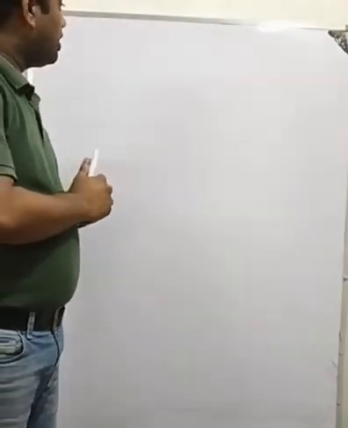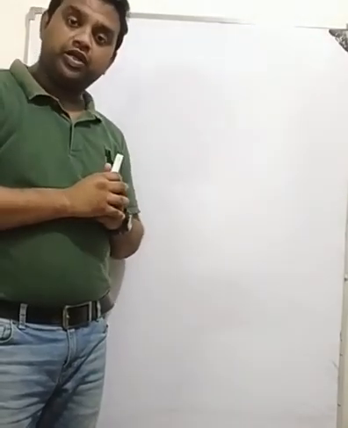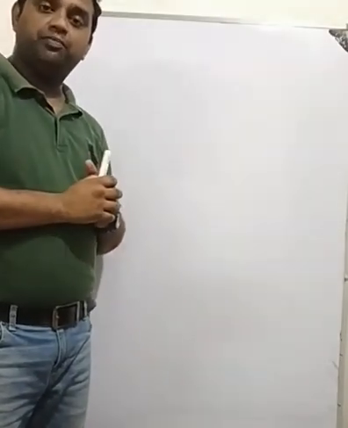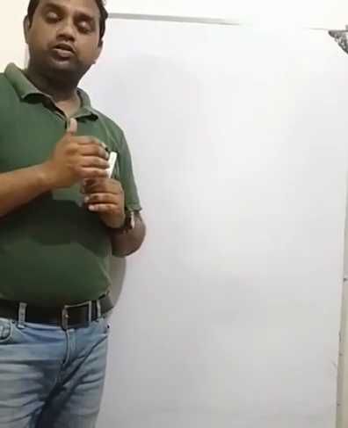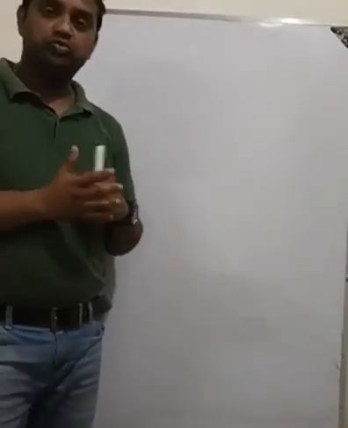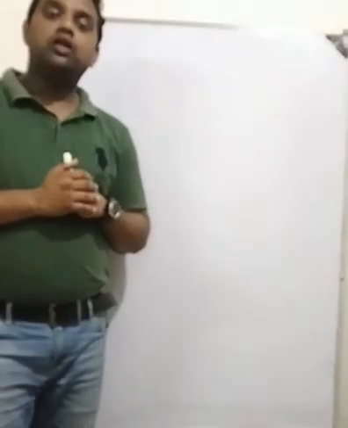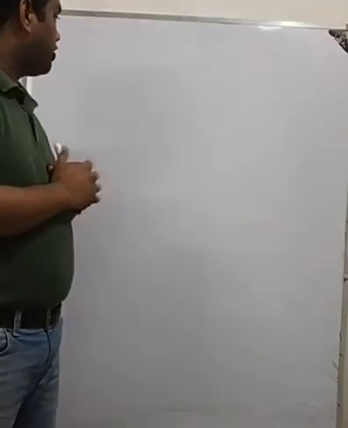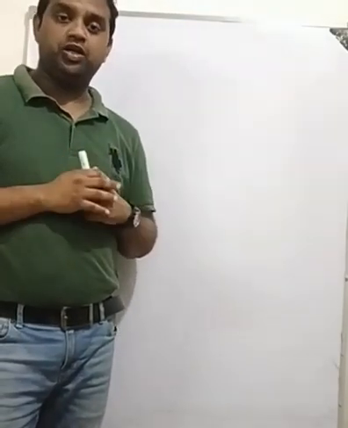So today I am going to solve some questions of chapter 3 of our NCERT book, that is pair of linear equations in two variables. These questions were shared with me by different students to solve through this YouTube channel, and some questions are selected by me.